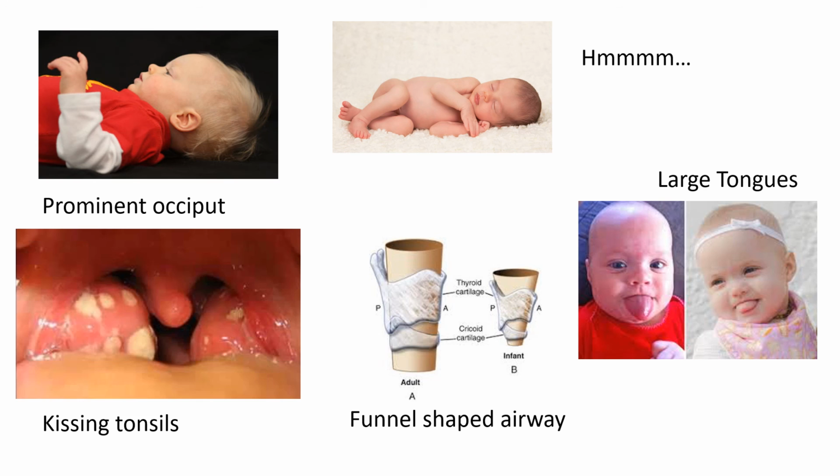So if you walk into a room and you see a baby, like the one on the top, lying with his head flexed, and you notice that he's oxygenating okay, his color's okay, there aren't any changes in his vital signs, let him be. But if you walk into that room and the child's pale, the child's oxygen saturation's low, the heart rate's up, the respiratory rate's up, please, please, please put a pillow, a towel or a small blanket underneath those shoulders to help decrease the flexion in his neck.